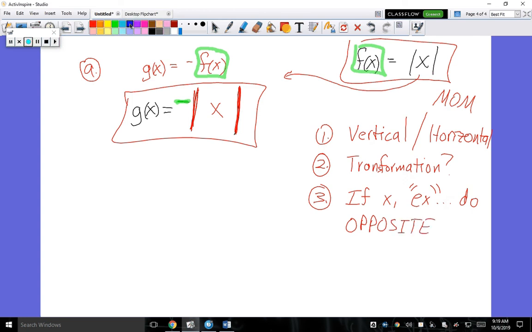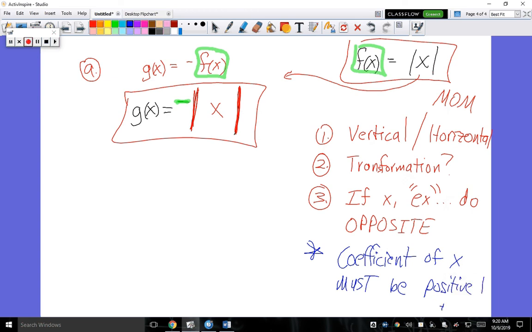And the last rule that you need to know is that the coefficient of x must be positive 1, before you do all the interpretations.